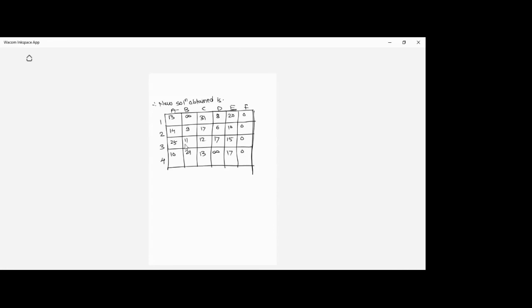So the new solution that we are getting, I'm writing the previous allocations that I have. So the new 80 plus 10 will be here, equal to 90. Here it is 140 minus 80.